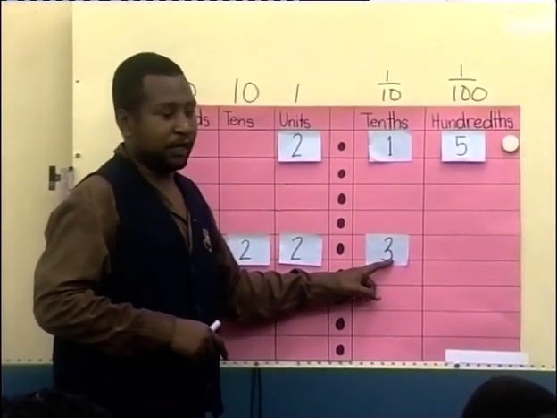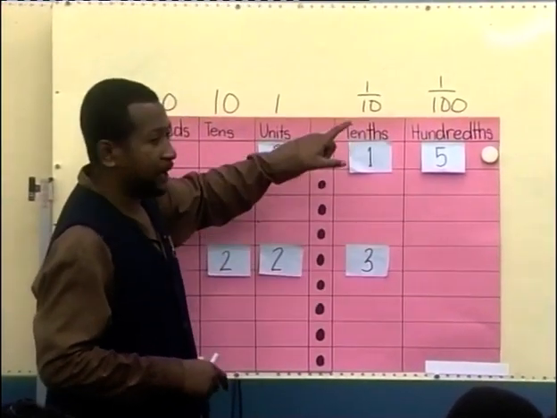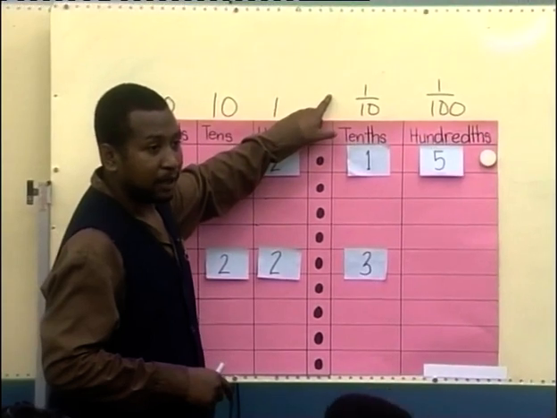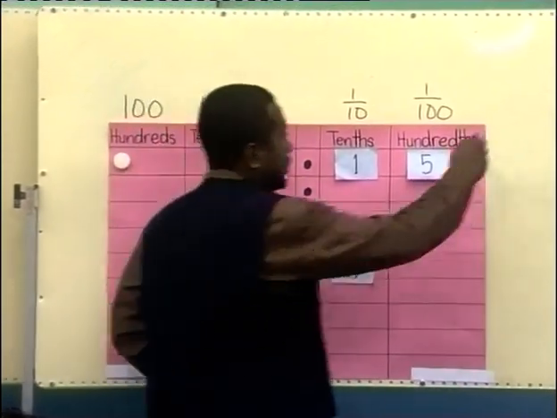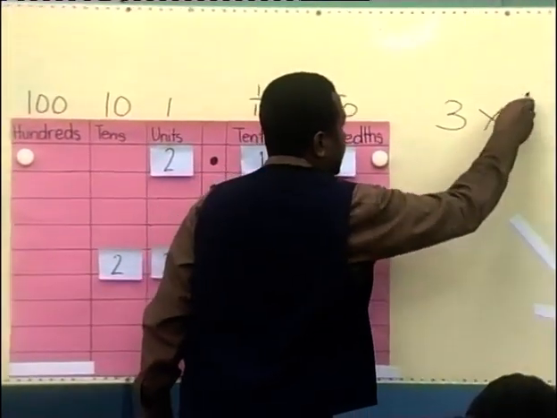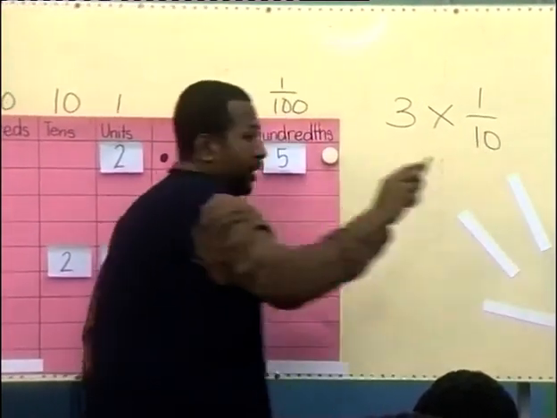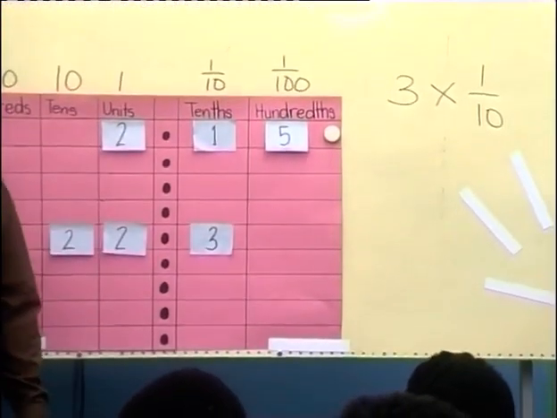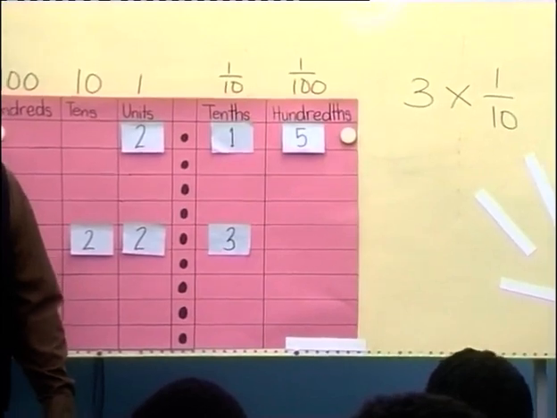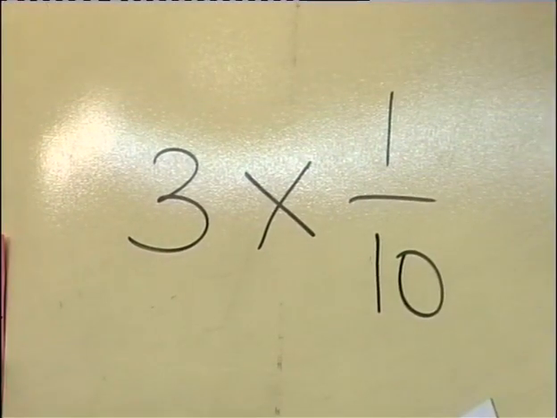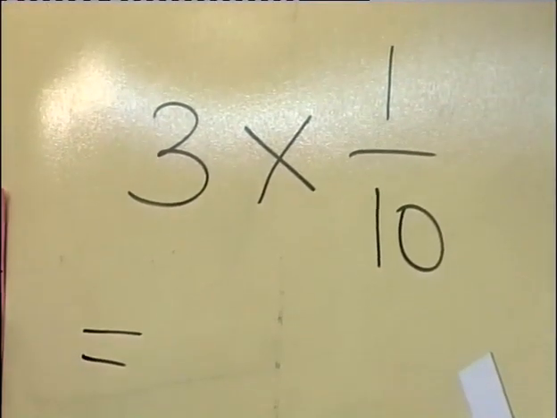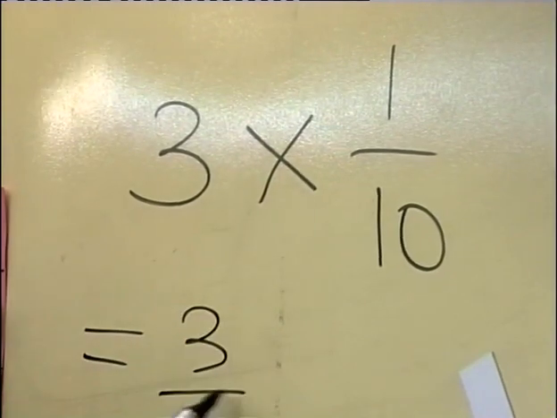Remember, I told you that we are going to multiply this number by what? 3 times 1/10. Students, you have learned how to multiply fractions. So 3 times 1/10 is equal to?